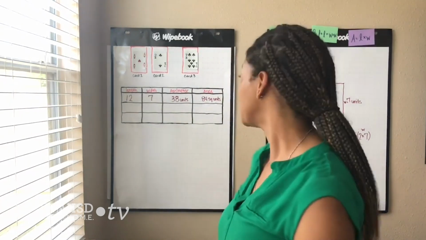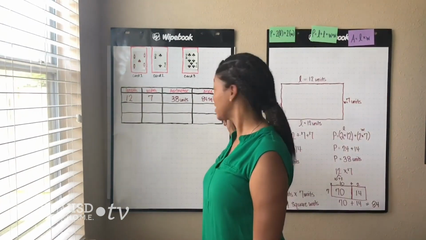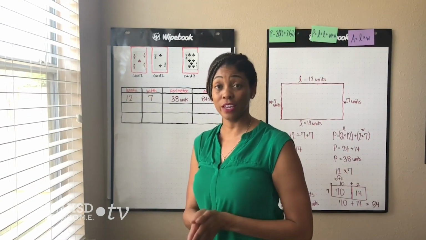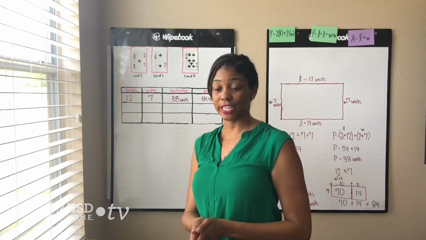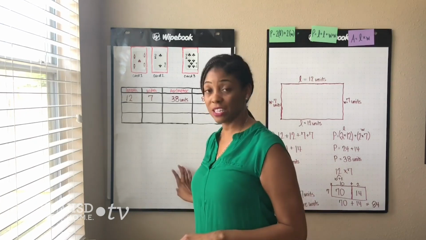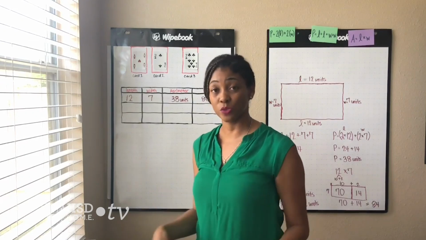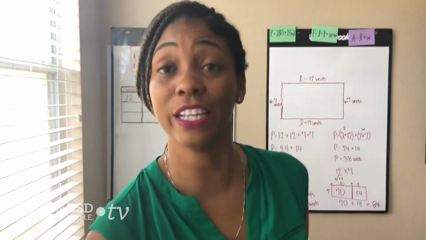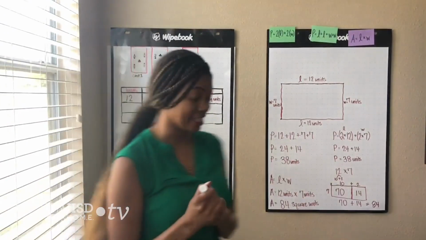All right, so now if you notice on our chart we have some extra spaces. I want to make sure that you as well have an opportunity to practice. But before we practice, I want to give you a sentence stem that I want you to use to help understand and explain your thinking. In our sentence stem, we're going to say this.